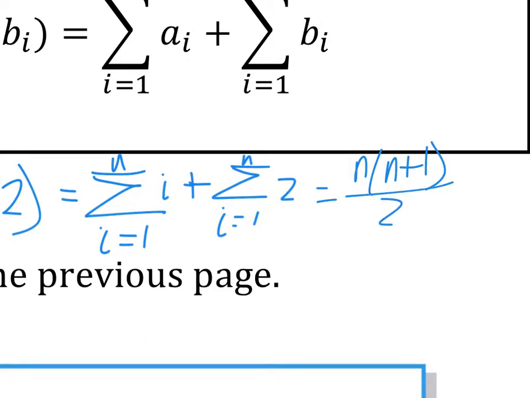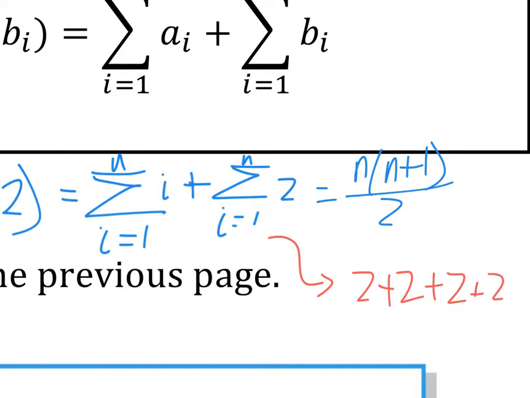This other part means this. When i is 1 for the first term, we write down 2. For the second term, when i is 2, notice there's no i here, we write down 2 again. For the third term, notice there's no i, so when i is 3, the term is still 2.